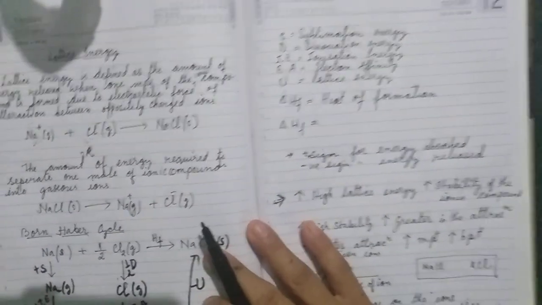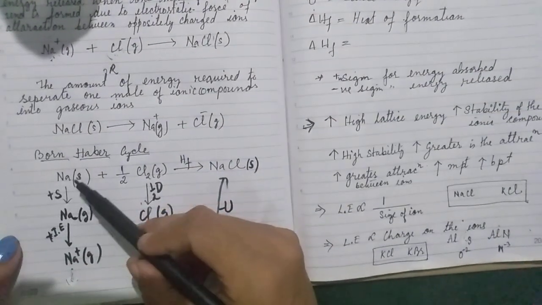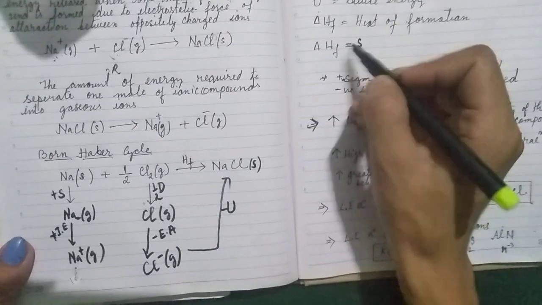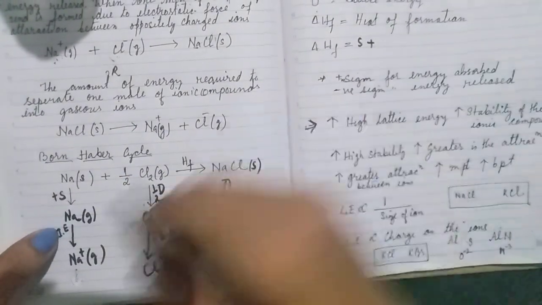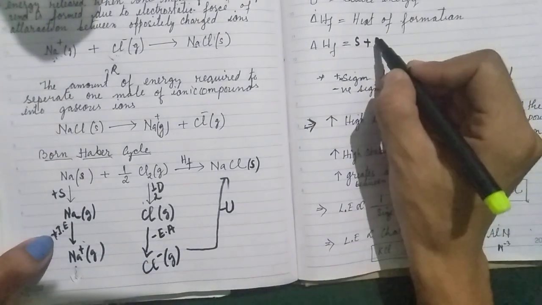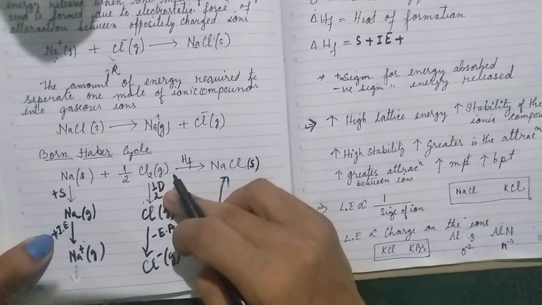So let us calculate delta HF. How is delta HF formed? We will go through the heat of sublimation, we have to go through all these changes. Then the ionization energy. Then also the dissociation energy.